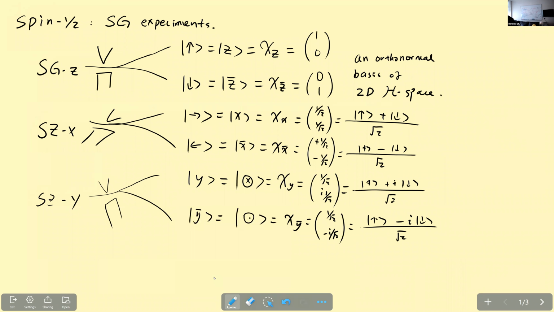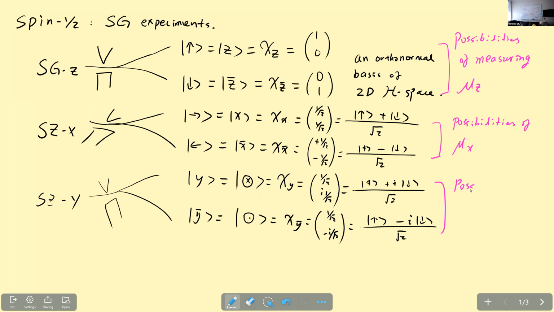You can take this one, for example, as the possibilities of measuring mu z. And this one is the possibilities of mu x, and these are the possibilities of mu y.